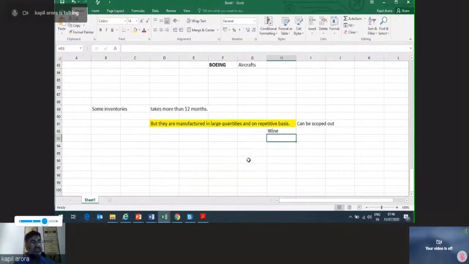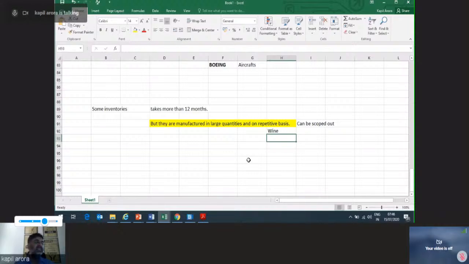I hope everybody is okay with the concept of what is qualifying asset and what is not. Any asset which is purchased and ready for use will not be considered qualifying asset at all. Whereas any asset which takes more than 12 months in its construction or development will be considered qualifying asset.